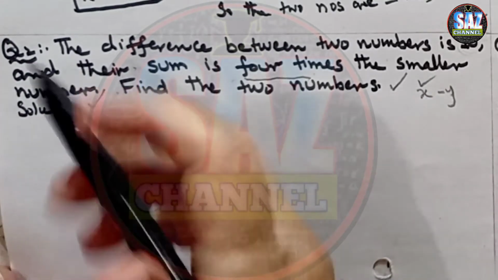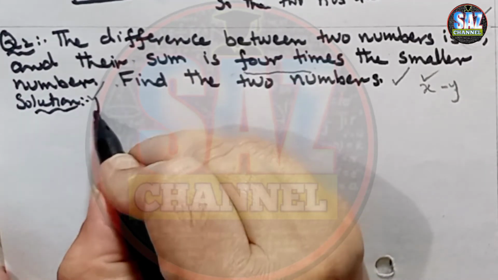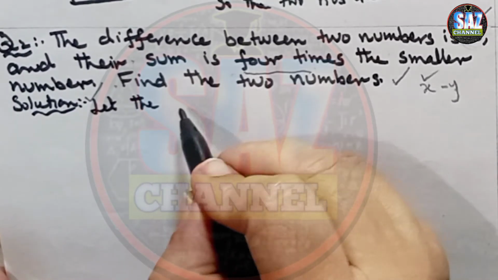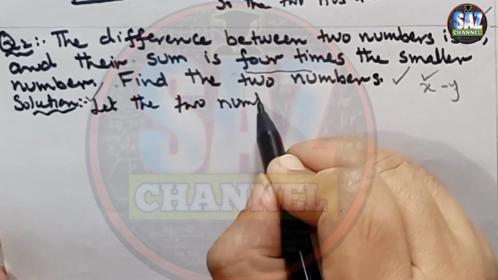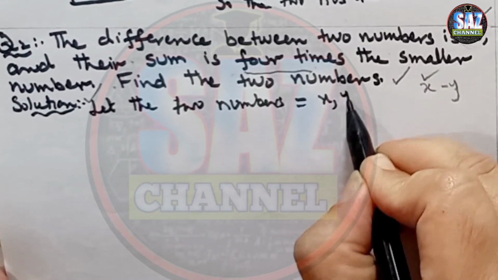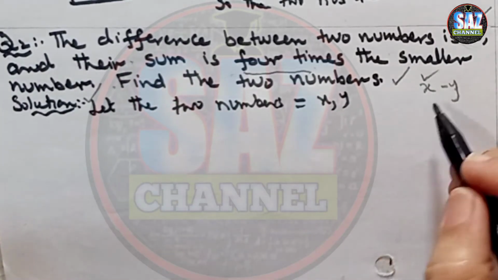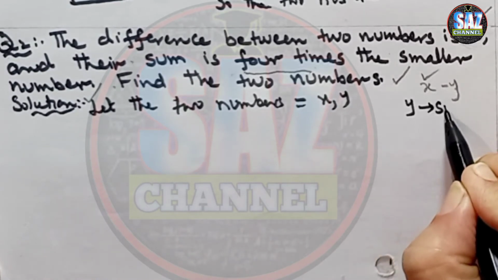So first of all, we have to suppose that the two numbers are x and y, and x is the larger number and y is the smaller number.